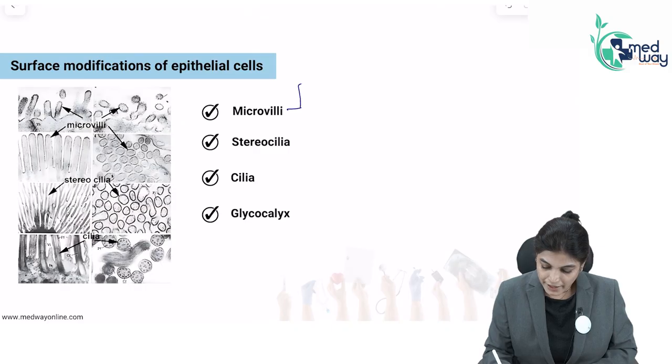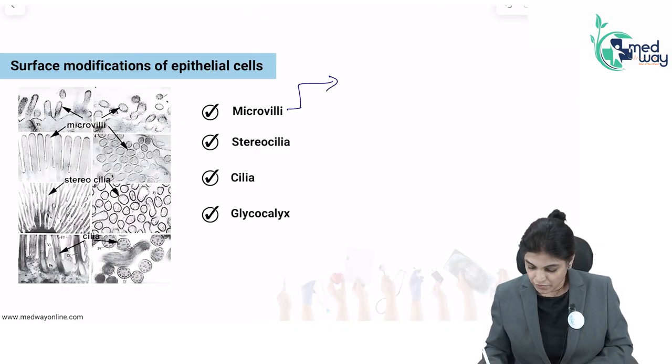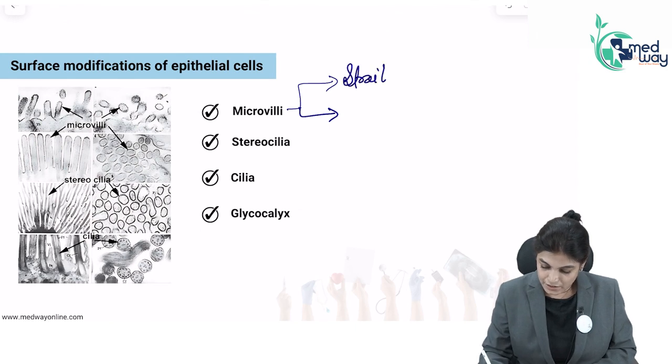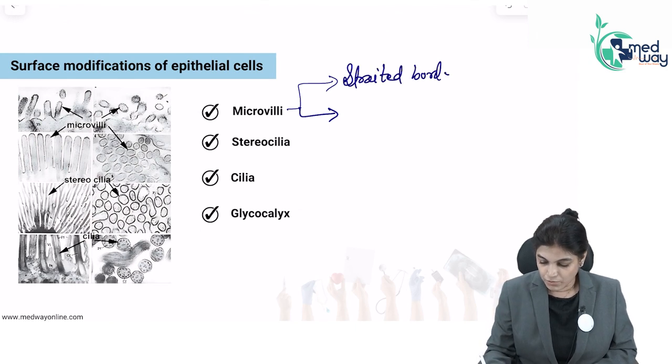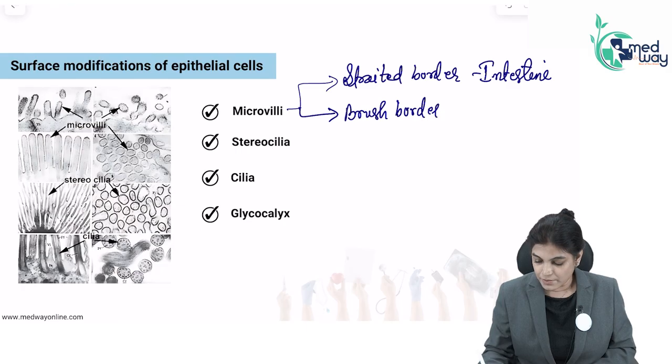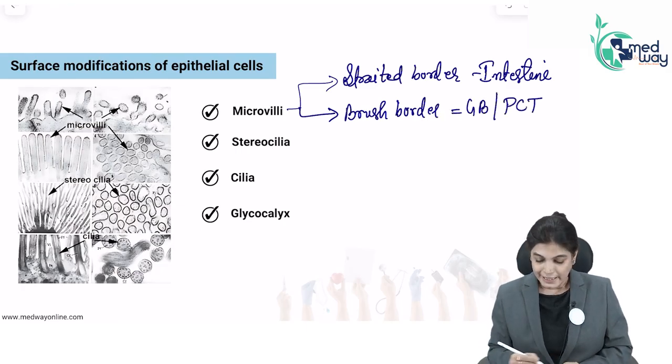Let's talk about microvilli. Microvilli are of two types. One is the striated border. If I talk about the striated border, it is present in the intestine. If I talk about the brush border, that is irregular. The brush border microvilli is present in the gallbladder and in the proximal convoluted tubules of the kidney.